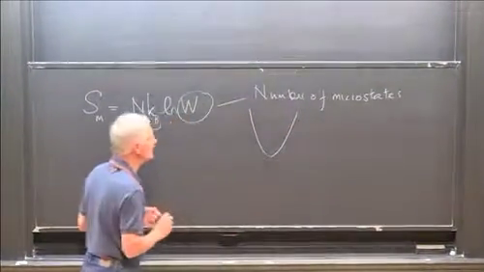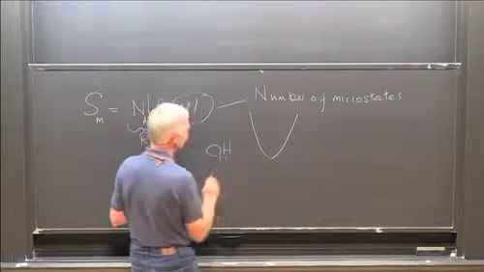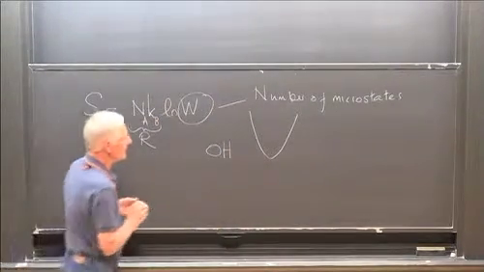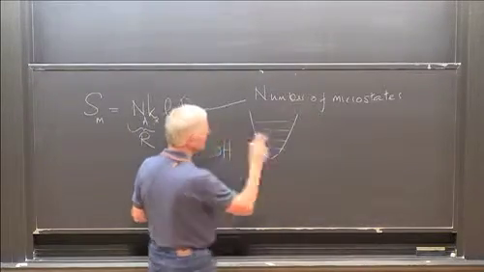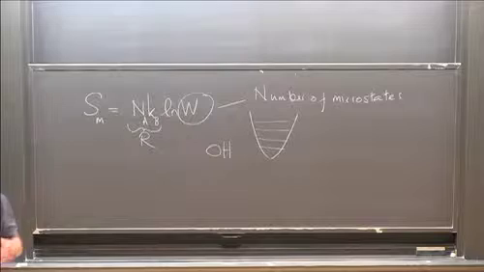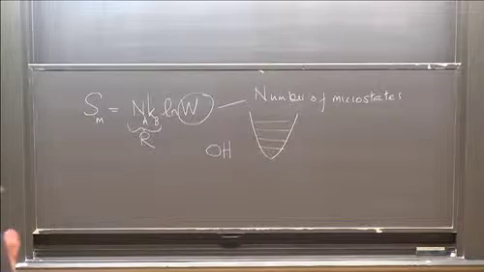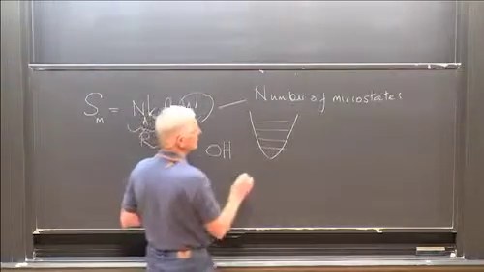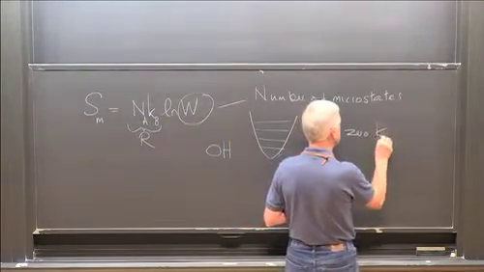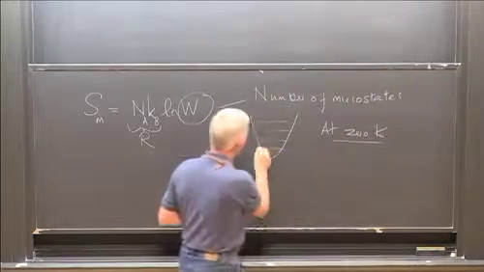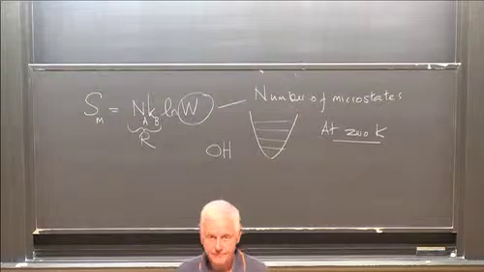Supposing we have a look at, say, the OH radical, yet again. The OH radical has many vibrational states and rotational states. But at 0 K, all of the molecules will be sitting in the lowest energy level.